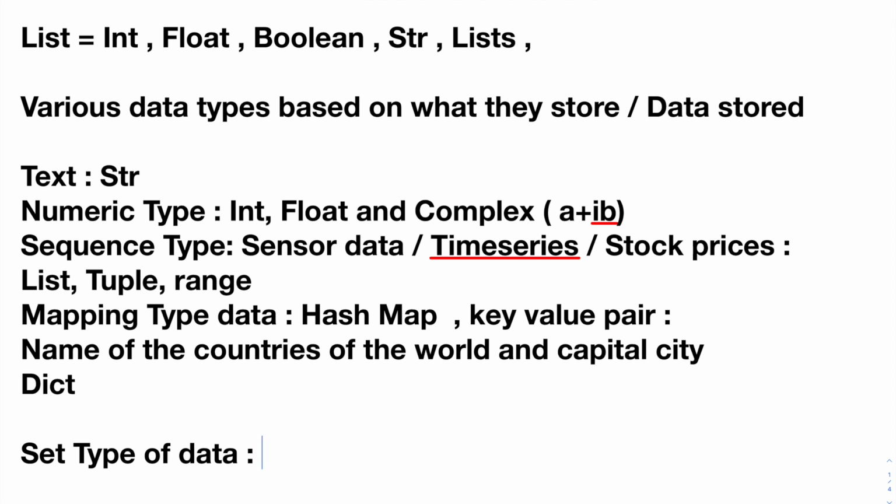Now what we are doing is categorizing these songs into various categories, right? That is essentially what a set is. We'll be discussing this today, but the preferred object type to store set type of data is set.